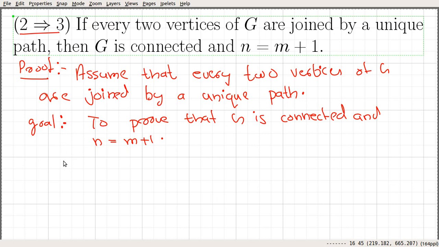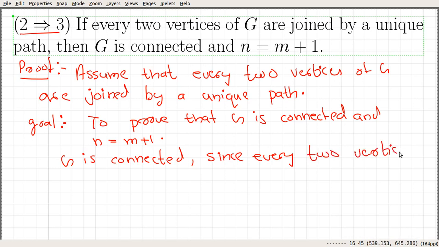So here we can very easily see that G is connected, and the reason is that every two vertices are joined by a path, and it's a unique path, so we can definitely say that G is connected.